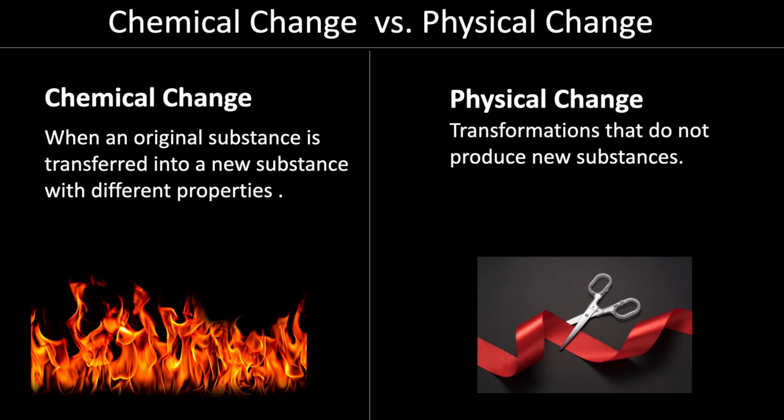A physical change is a transformation that does not produce new substances. That same sheet of paper, if I cut it up into tiny little pieces, it doesn't matter how many pieces, it could be 1,000 pieces, it is a physical change because I can glue those thousands of pieces of paper together. But when I burn it, I can't get it back. You see the difference between a chemical change and a physical change?